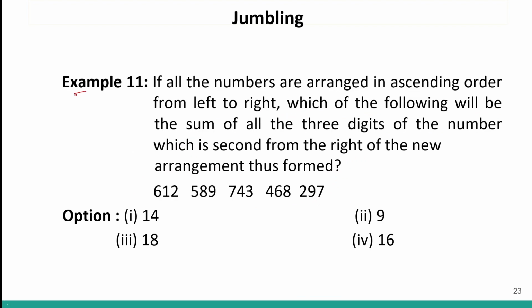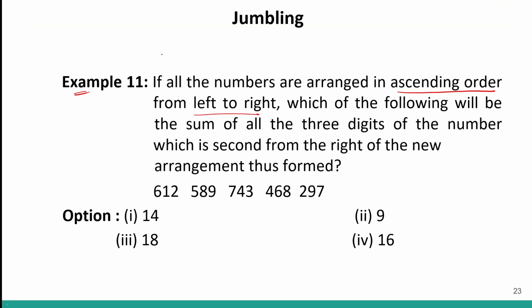Now, example 11. If all the numbers are arranged in ascending order from left to right, then which of the following will be the sum of all the 3 digits of the number which is second from the right of the new arrangement? Okay, fine. So first we have to arrange them in ascending order from left to right.